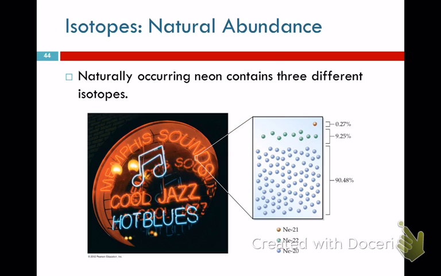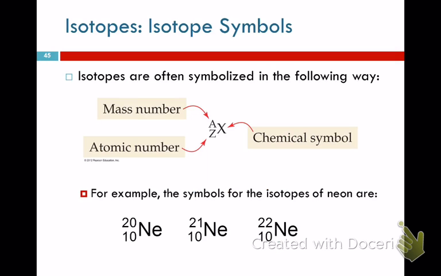What I wrote over here is one acceptable way to write it: neon-21, neon-22, and neon-20. The other acceptable way to write it is like this. These are often called nuclide symbols, and it's how you express different isotopes of an element.